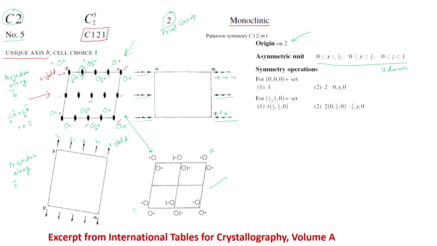A, which is x, varies from 0 to 0.5, so area-wise this gets covered, and then 1/2 up along the B axis, or along the y axis, is the asymmetric unit. So, this is an asymmetric unit with 1/2 up along B.